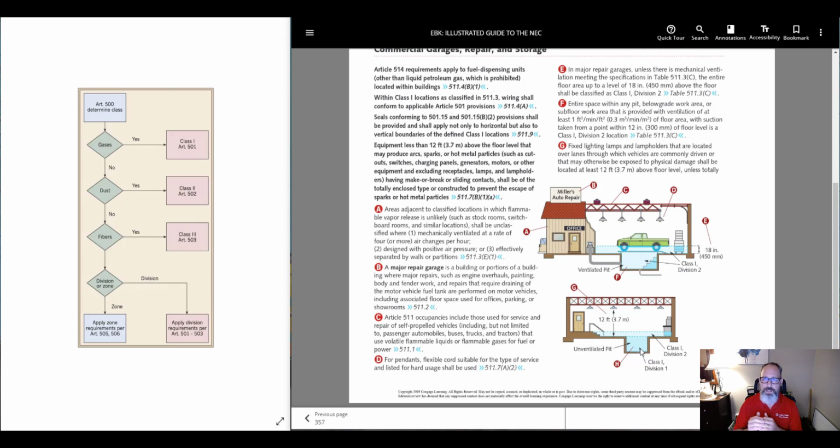And then your three-dimensional layer up, now you go above that in your Class 1 Division 2. So when you get to the top, for example, right here with these lights, it says that for pendants, flexible cord suitable for service type listed for hard usage shall be used. So it's above, outside of the hazardous area, and you can use a regular fixture in this case.